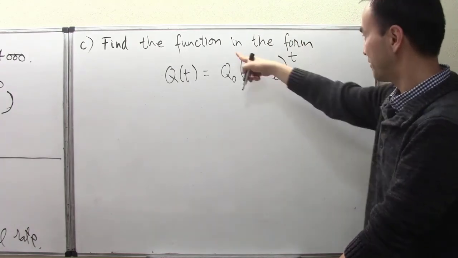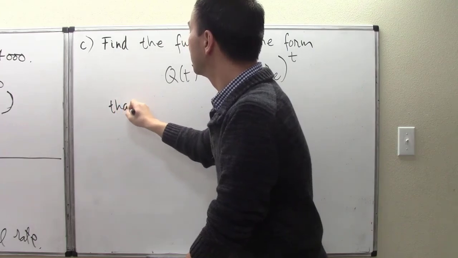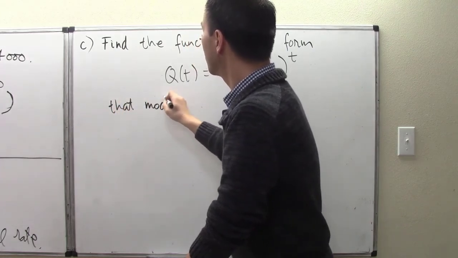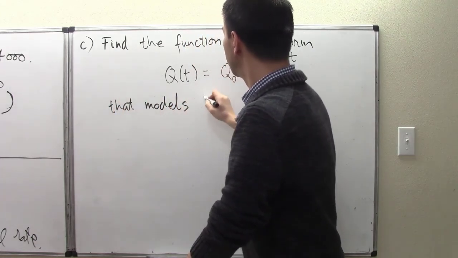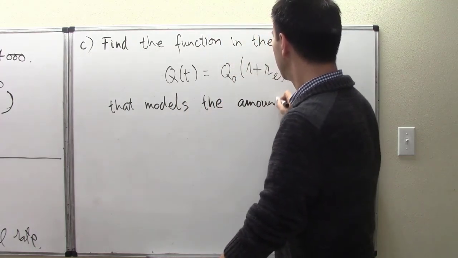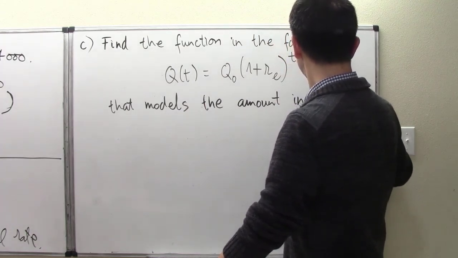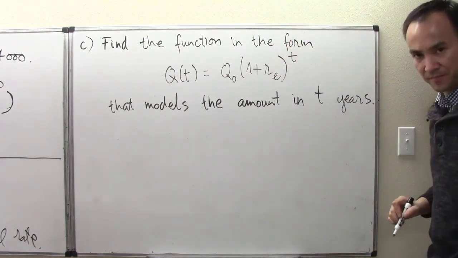So find a function in this form that models the amount in t years, or after t years.